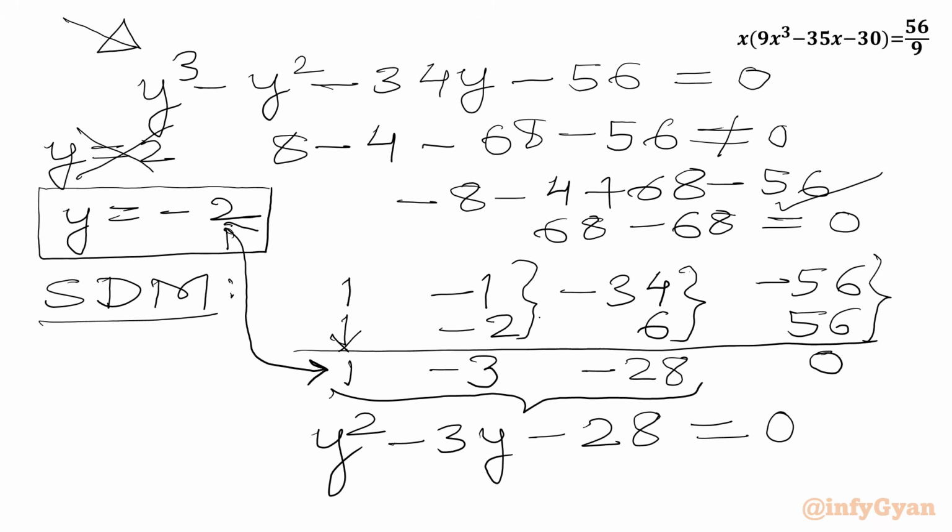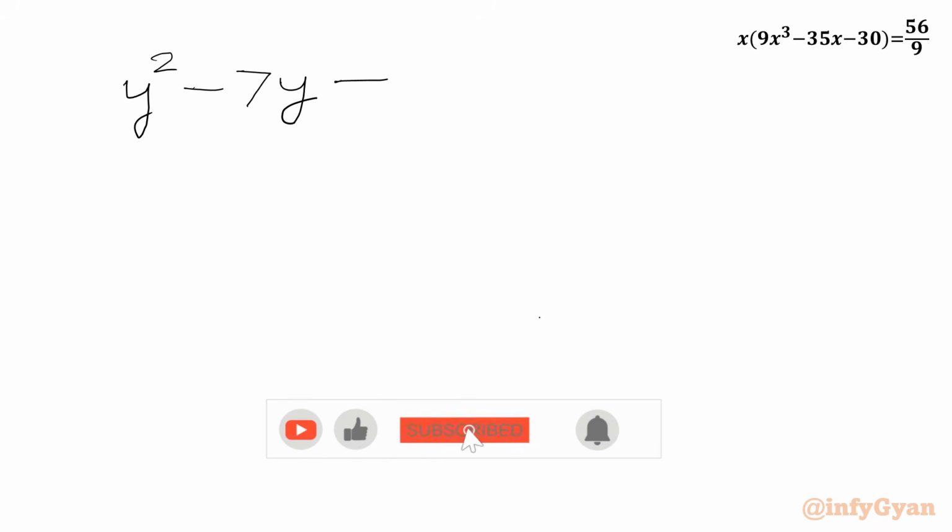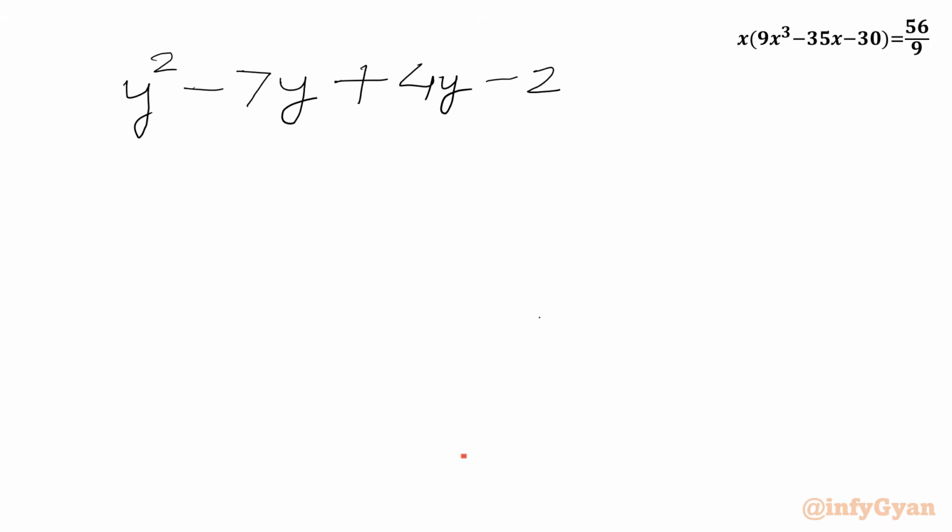We'll be solving this quadratic equation using factorization method. So let's split minus 3y as minus 7y plus 4y. So we will write y square minus 7y plus 4y, then we have minus 28 equal to 0.